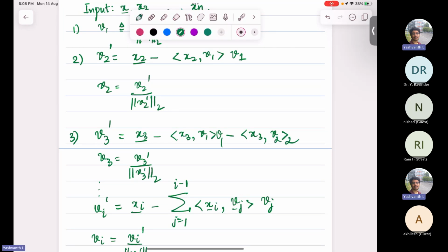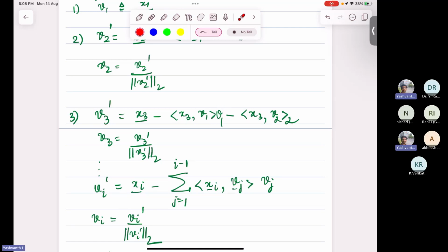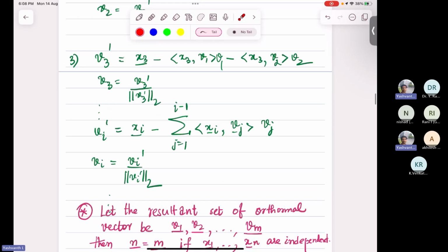This will ensure that the vector v3 dash that you obtain will be orthogonal to both v1 and v2. Then you obtain the vector v3 by dividing v3 dash by the L2 norm of v3 dash. That will give the third orthonormal vector in the set, and so on.